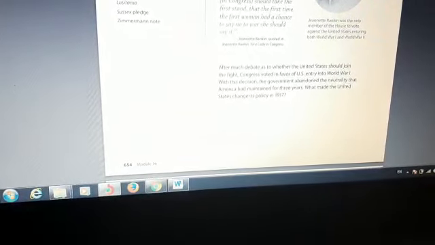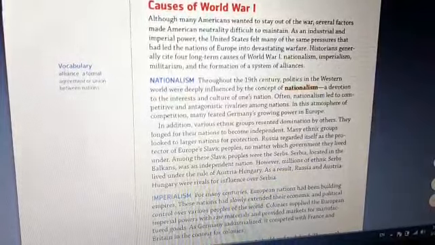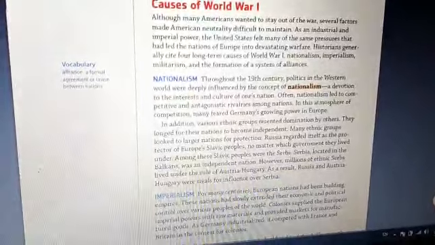Okay, then we're moving to the causes of World War I. Although many Americans wanted to stay out of the war, several factors made the American neutrality difficult to maintain. As an industrial and imperial power, the United States felt many of the same pressures that had led the nations of Europe into devastating warfare.